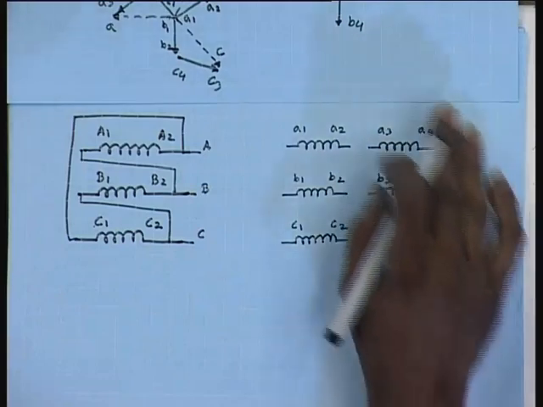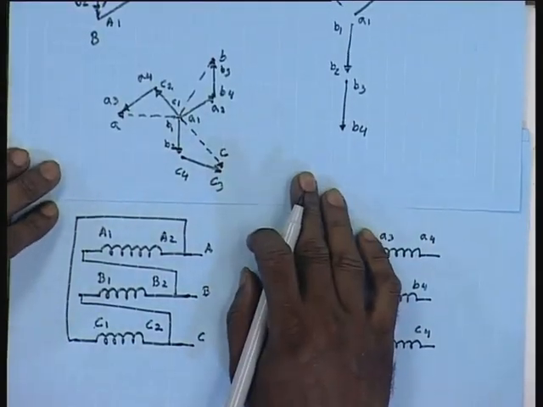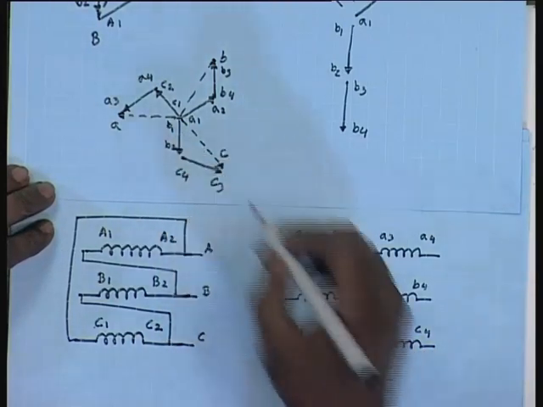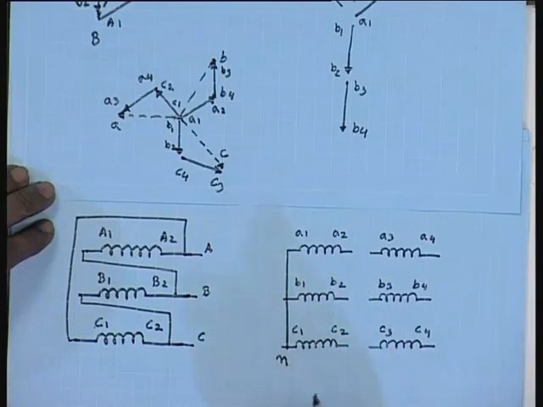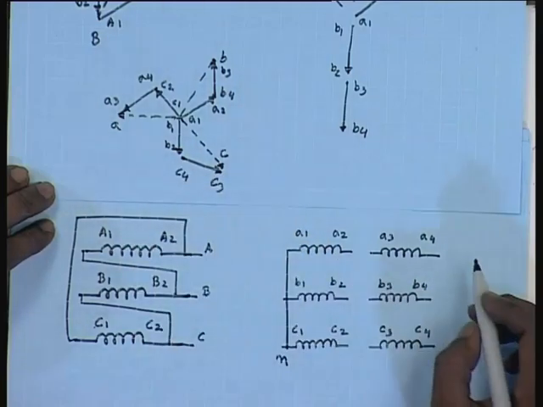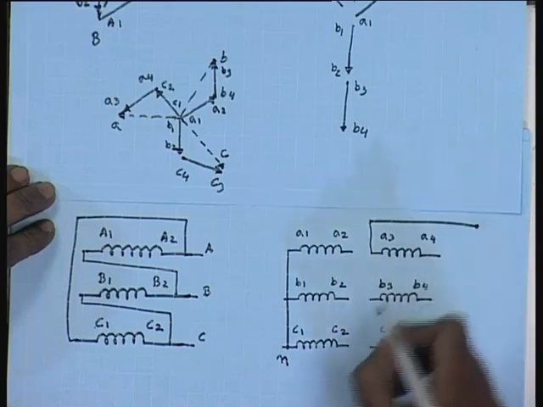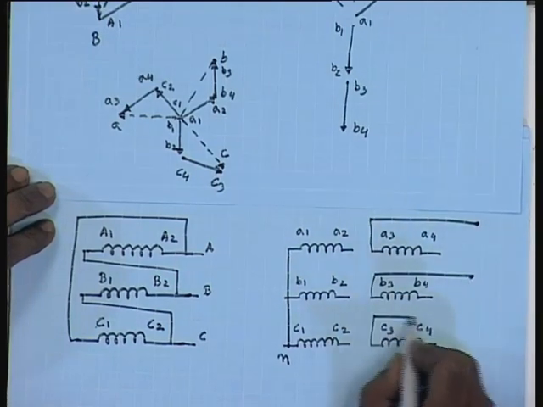According to the phasor diagram, in this case the start point is formed by connecting A1, B1, C1. So, this is the start point and terminals are taken out from A3, B3, C3. So, these are the terminals taken out A, B and C.